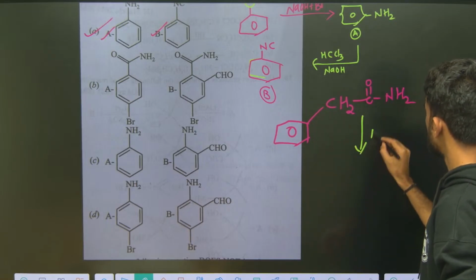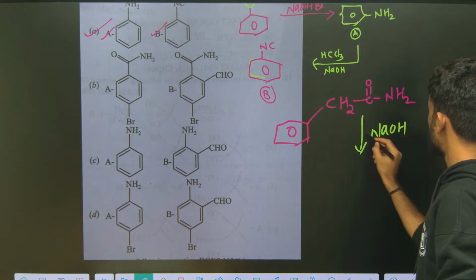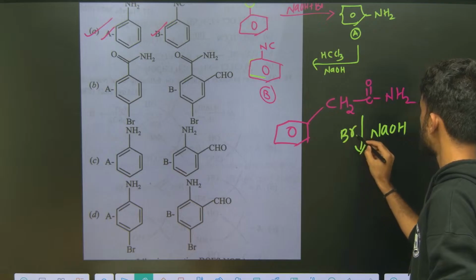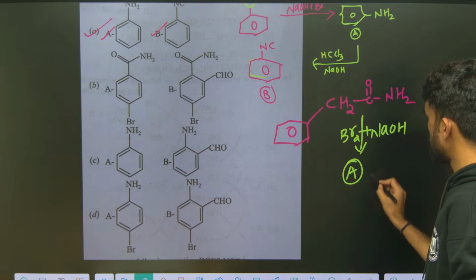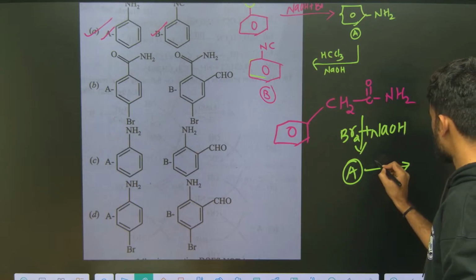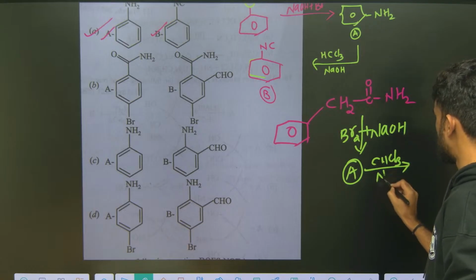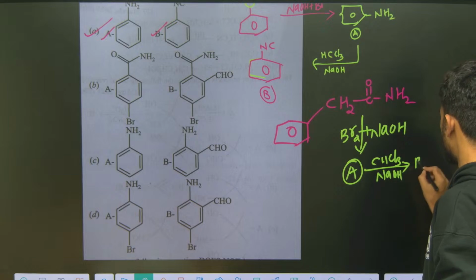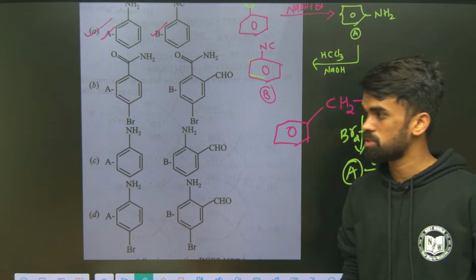Treat this with NaOH, Br2, and you will get A. This A you react with CHCl3 in basic medium, and you will get B. So what are A and B? You can write the names of the products in the comment box. Okay, next.